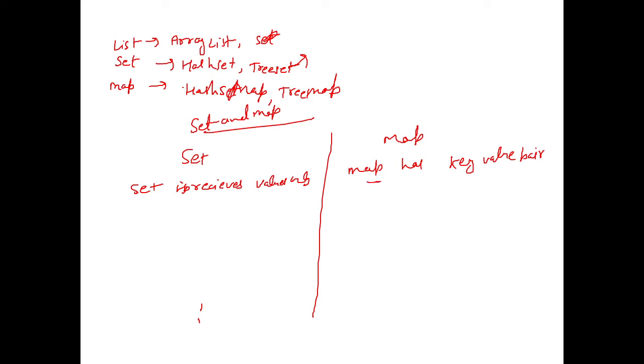I will talk about when we should use the map. And set doesn't preserve the insertion order, but how will map preserve the insertion order, because a map stores in key value pairs. So the question is whether map preserves the insertion order or not; it depends on what you want.